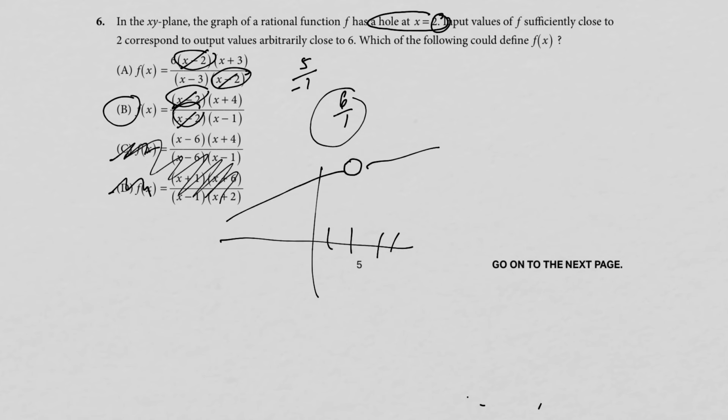So if you plug 2 into equation B as it is originally, you'll get undefined. But if you cancel out the x minus 2's and then plug 2 in, you get 6 over 1. So that means that the location of this hole is at 6. So if we get close to 2, the y value gets close to 6. Choice B.